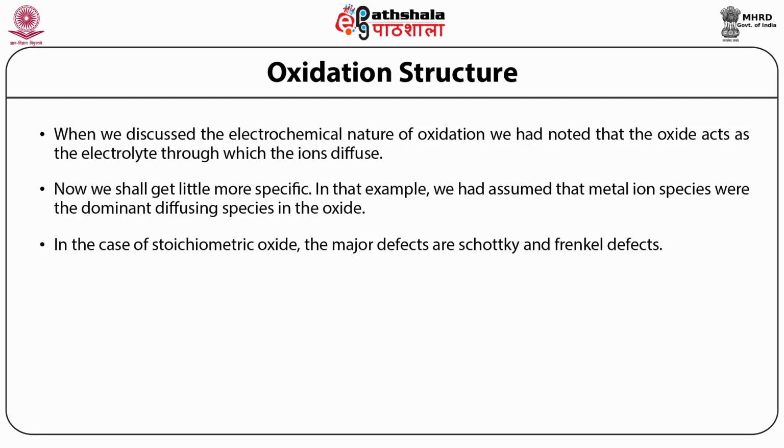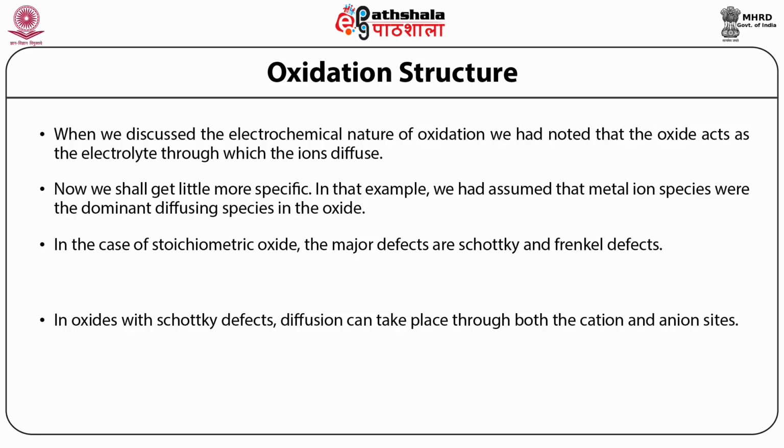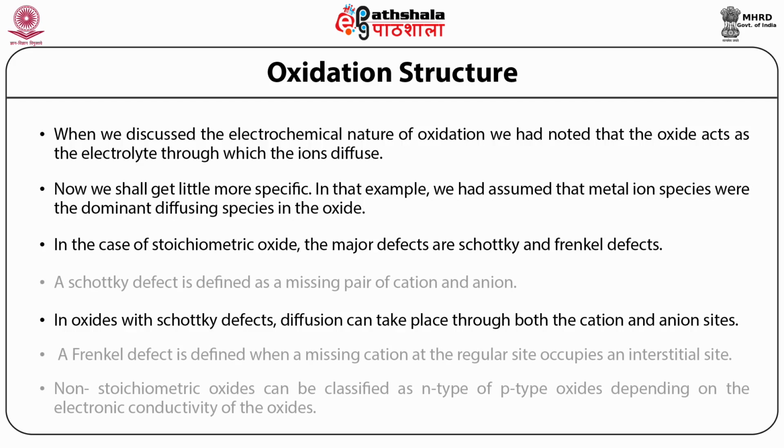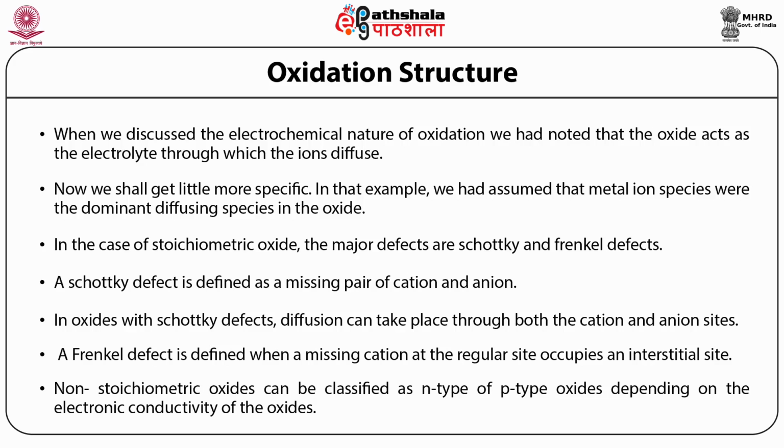A Schottky defect is defined as a missing pair of cation and anion, as shown in this figure. In oxides with Schottky defects, diffusion can take place through both the cation and the anion sites. A Frenkel defect is defined as when a missing cation at the regular site occupies an interstitial site.